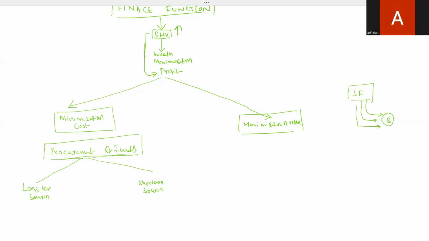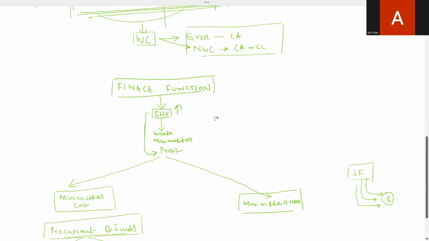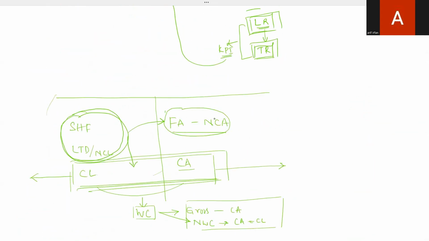So long-term sources of funds are basically two types. One is own funds. Another is borrowed funds or loan funds. This is what we discussed in the balance sheet: equity, own funds, shareholder equity, and long-term debt or non-current liability.